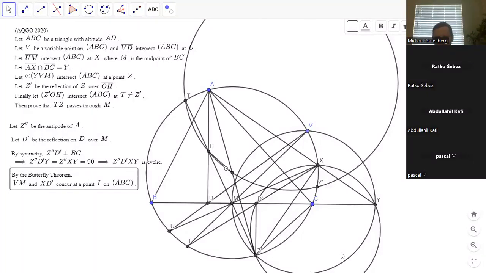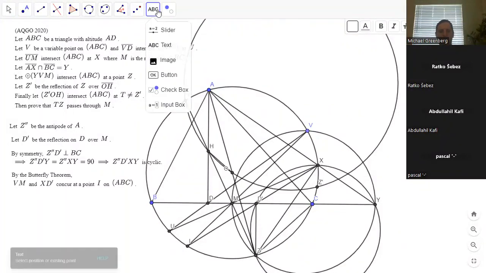So XD prime Y is XZ double prime Y. Okay, so we're calculating MYZ double prime in two ways. MYZ double prime is D prime YZ double prime, which is D prime XZ double prime, which is IXZ double prime, which is IVZ double prime. So that solves it.